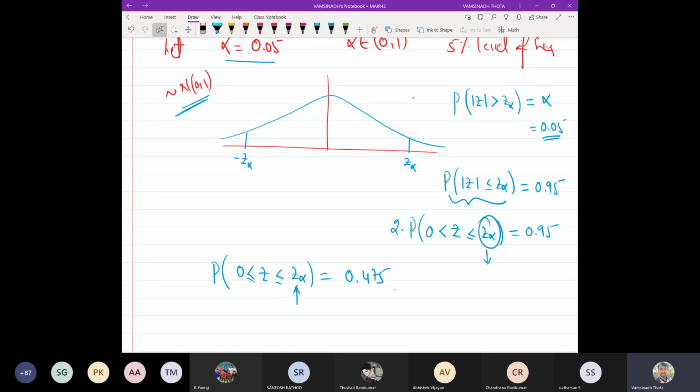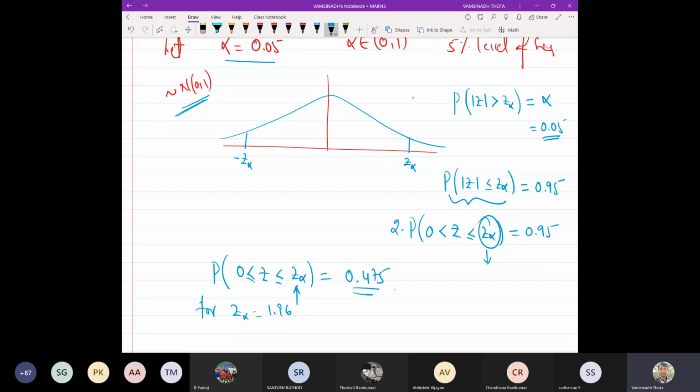Yes, Adina, thank you. That's correct. As you can see from the table, for Z alpha equal to 1.96, you will get this value. In fact, you will get the exact value 0.475 for Z alpha equal to 1.96. You can also remember that for alpha equal to 0.05, which is the 5% level of significance, the Z alpha value is 1.96.